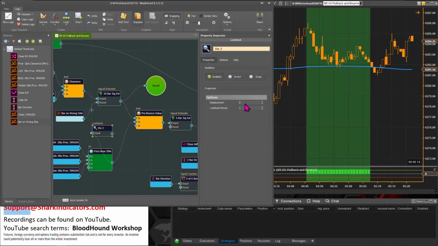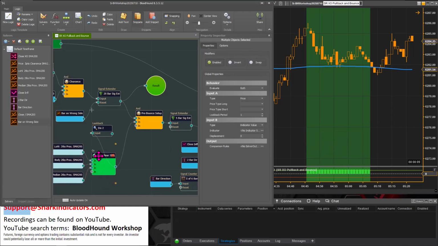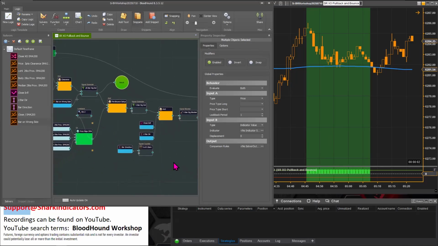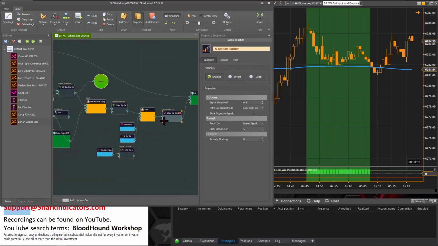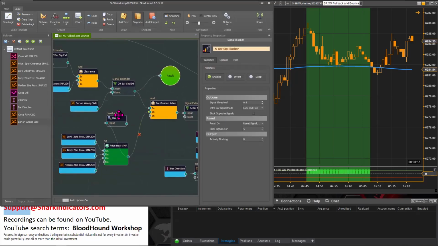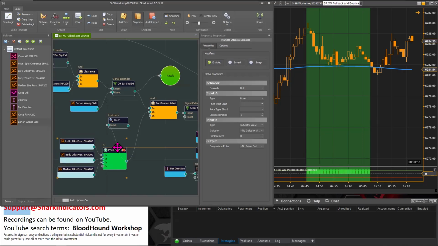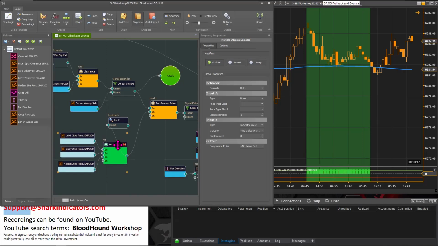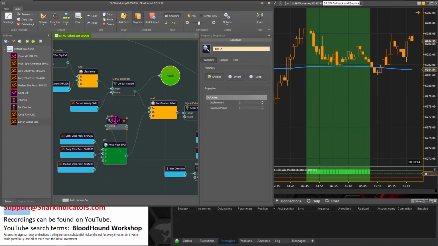Normally when you're using some component of your system to reset a signal extender, or sometimes even a signal blocker, using a look back node, taking some detection, some part of your system that's identifying something, and using it as a reset, you're almost always going to use a look back with a displacement of 1.